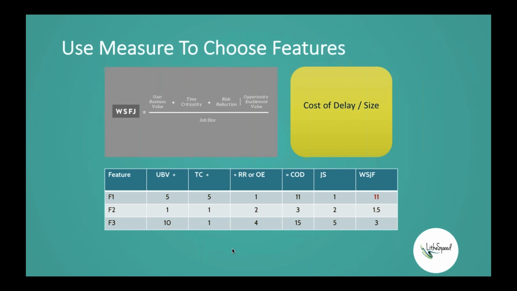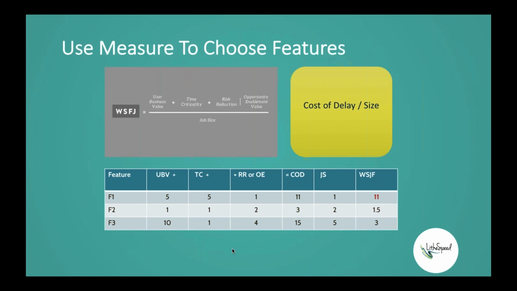Down in the bottom is a table with a list of features, F1, F2, and F3. We're going to go in column order and compare each feature to the other features in the list and just give them point values. First, for the user business value. In this case, feature 2 is kind of low from a user business value standpoint.